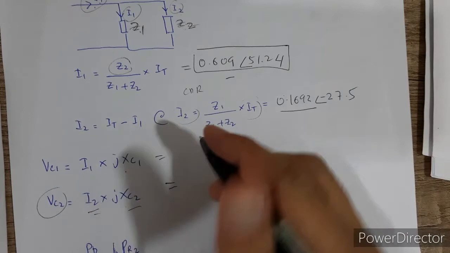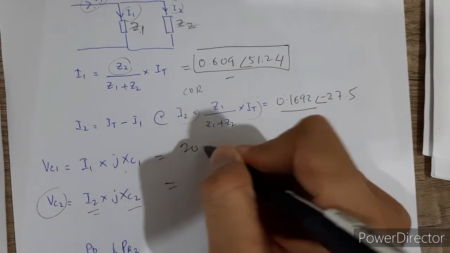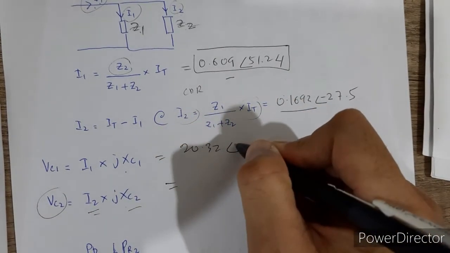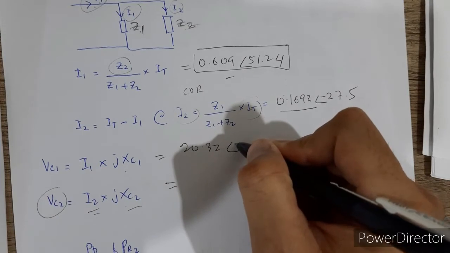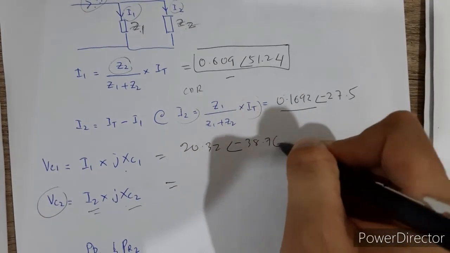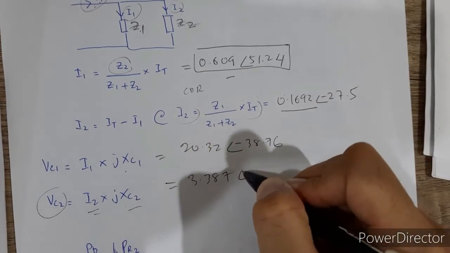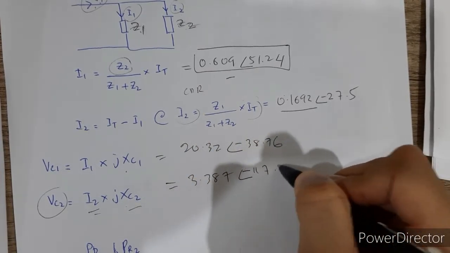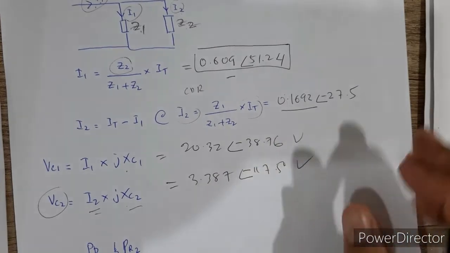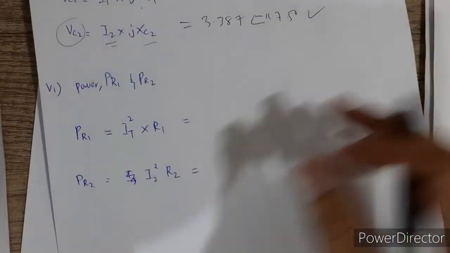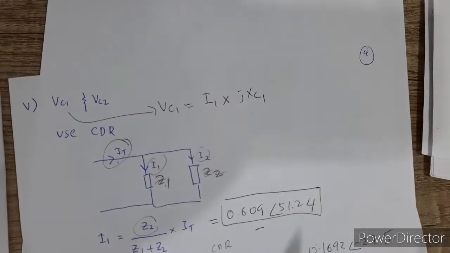The answer for VC1 is 20.32 with angle negative 38.76, and VC2 is 3.387 with angle of negative 117.5. Good. And then for power, PR1 and PR2.